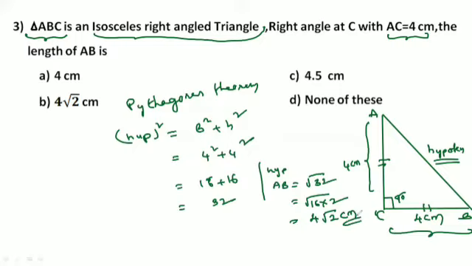Children, see here, it is a big process. I will tell the shortcut method also. Children, in an isosceles right angle triangle, please listen here, okay? In an isosceles right angle triangle, the hypotenuse is always root 2 times the equal side. Any doubt?